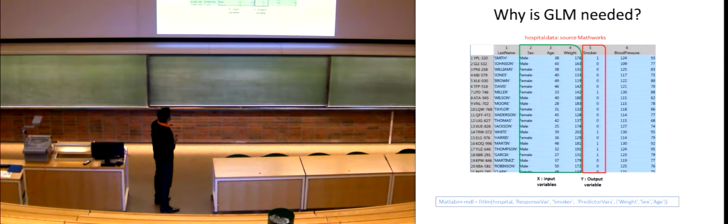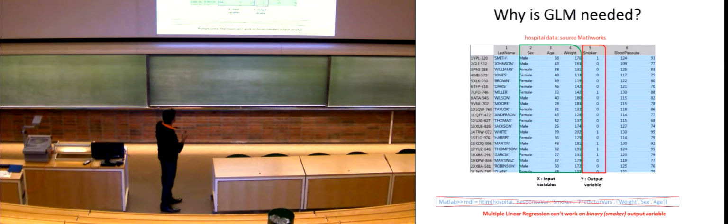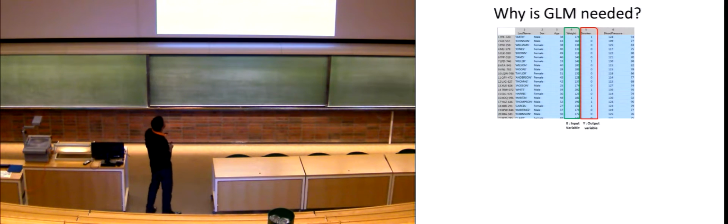If I use linear modeling, or multiple linear regression, then I cannot use it, because the output variable is not continuous. This is one way of interpreting the limitation of linear modeling or linear regression.